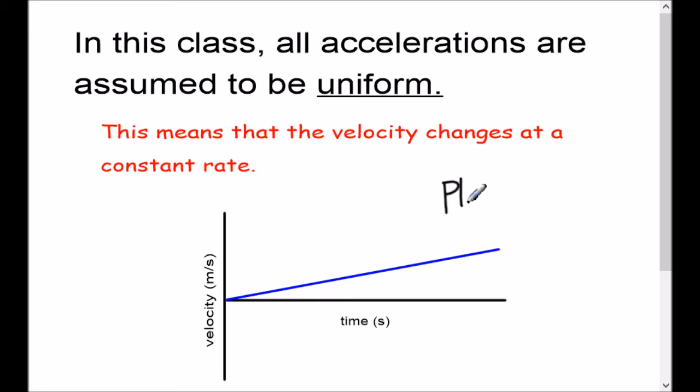Physics land is just a wonderful place where all the accelerations are uniform, and there is no air resistance, there is no friction. The sky is always blue, the sun is always shining, the grass is always green, the birds are chirping, there's flowers growing. Everybody's happy. Physics land. It's a wonderful, wonderful place. Those are the way we do problems in this class.